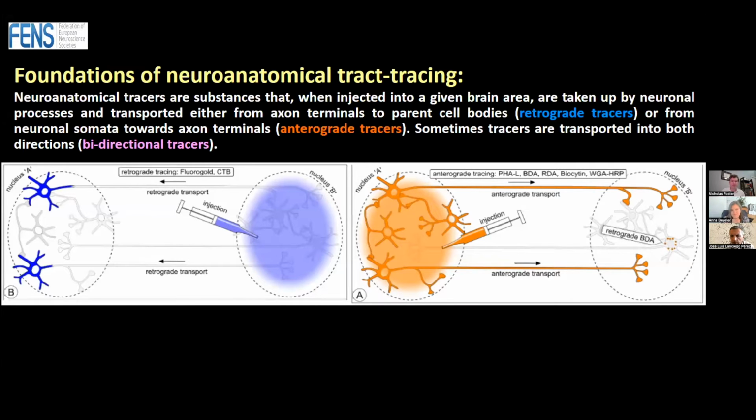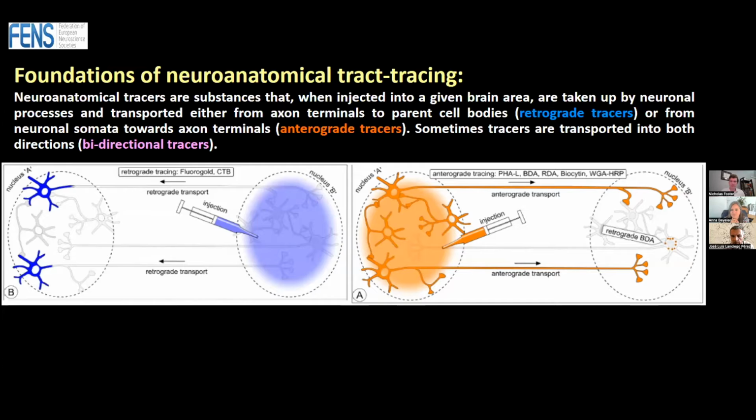Tracing can be performed in 2 different ways. When the injected substance is taken up by cell bodies and transported all the way down the axons to the terminals, this is called anterograde transport, and things that behave this way are called anterograde tracers.